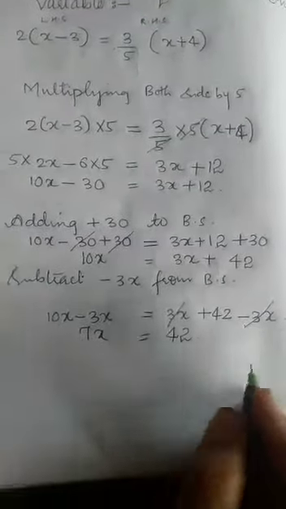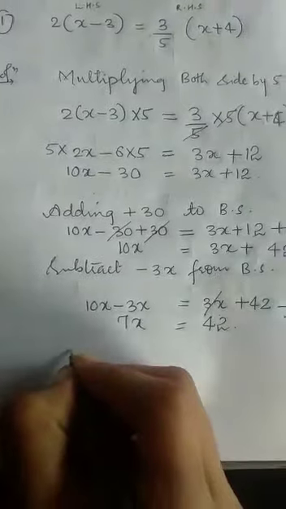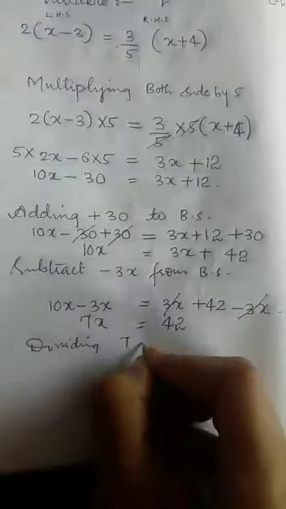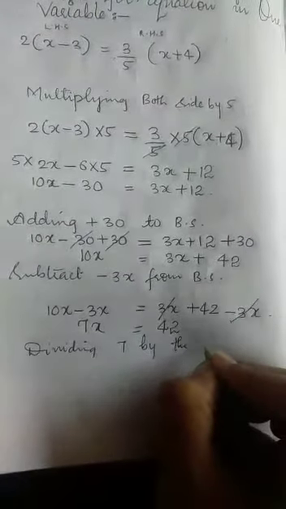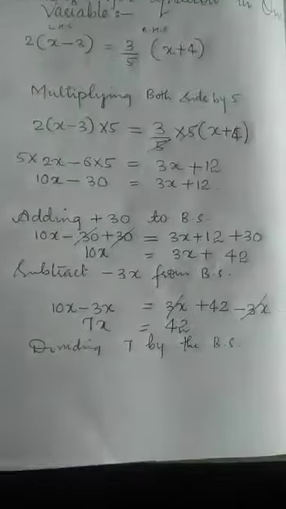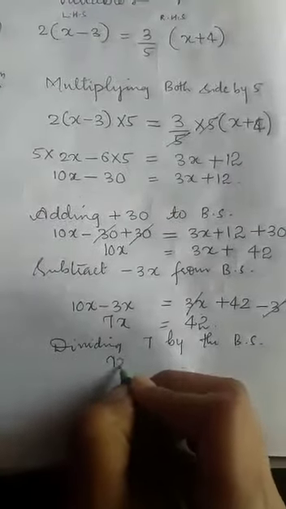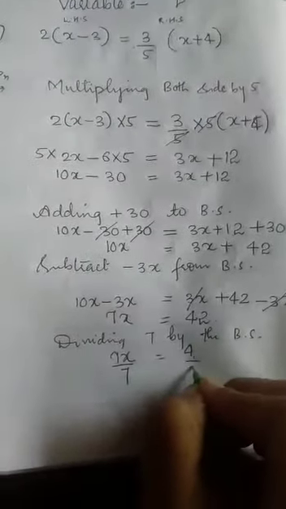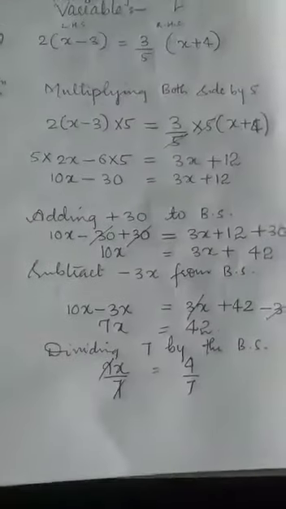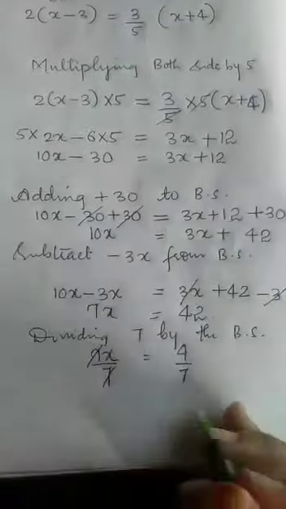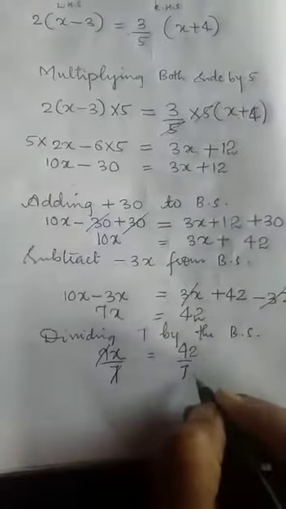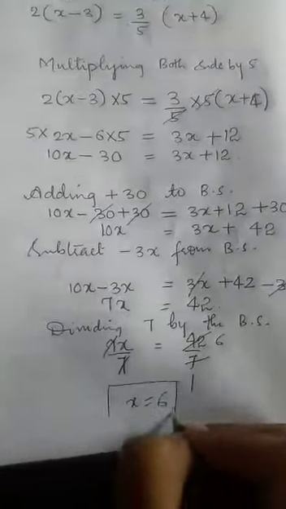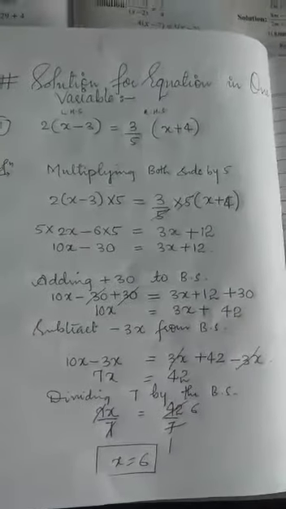We can do it like this, but it is better to write, dividing both sides by 7. That is 7x upon 7 is equal to 42 upon 7. This 7 gets cancelled. Your equation will be x, and 42 upon 7, that is 7 1s are 7, 7 6s are 42. x is equal to 6. So this is the solution for equation in one variable.